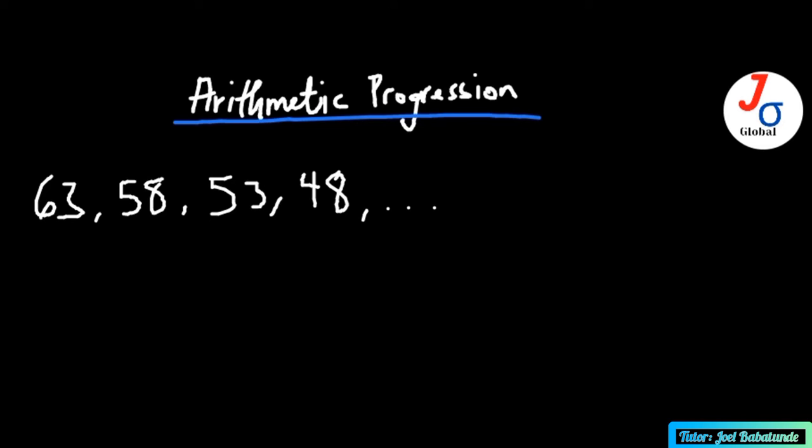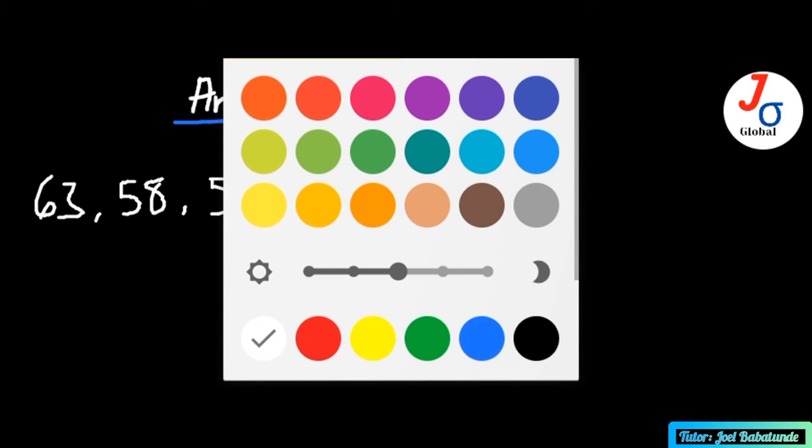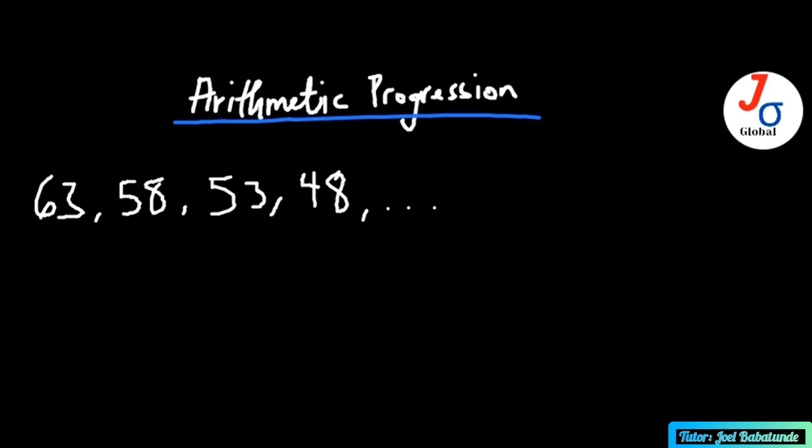What's the difference? We see that this is not increasing like the first one. This one is decreasing from the left to the right. So how is it decreasing? We could say that this is decreasing by 5.